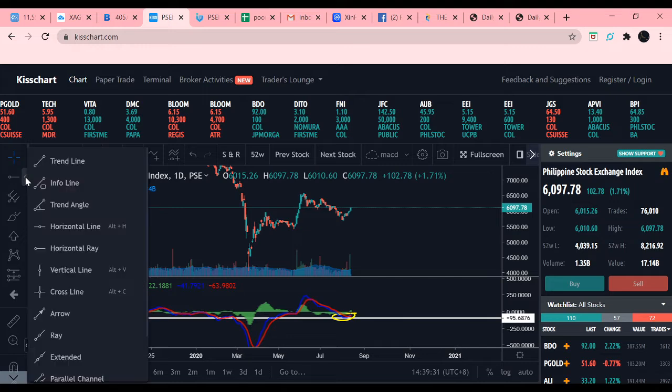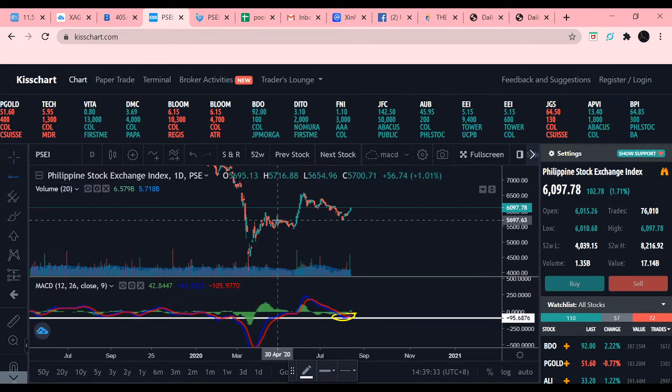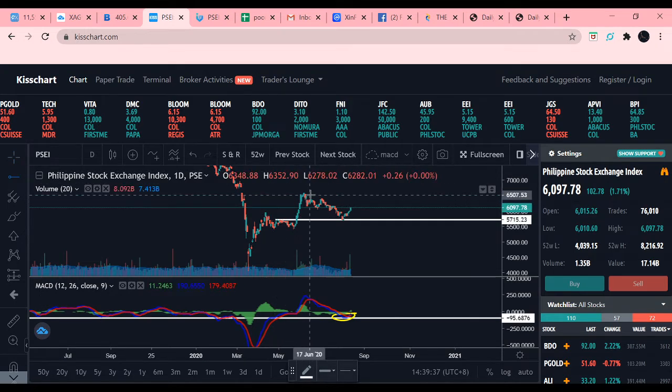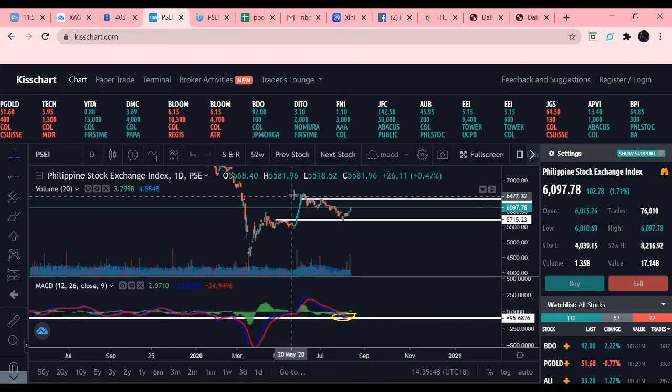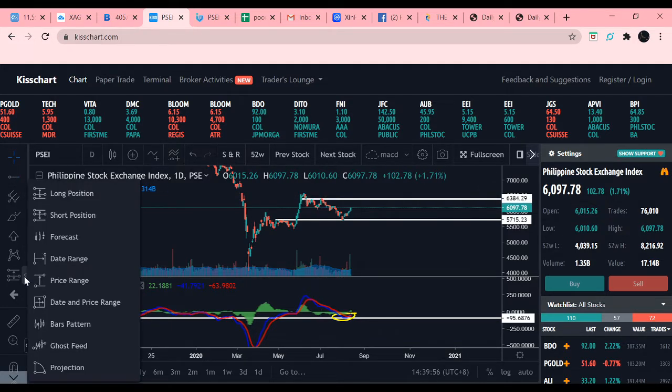So, ang tinitignan kong support area, dito pa rin, sa around 5.7, 5.715, and of course, resistance na tinitignan ko is this area muna, bago yung isa. Kasi dito pa lang hindi na siya nagtuloy eh. So that serves as a resistance.